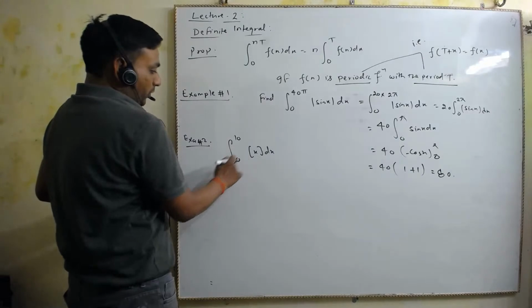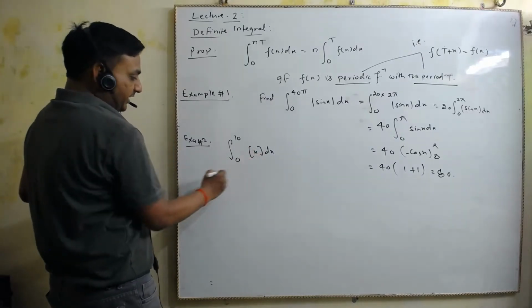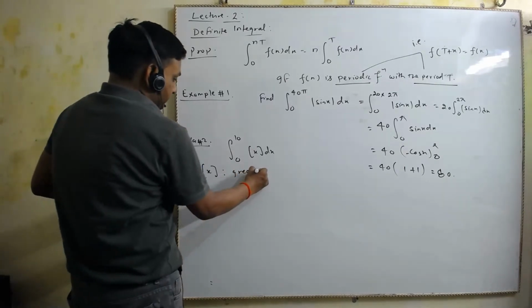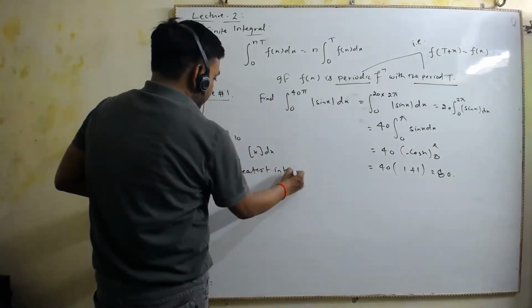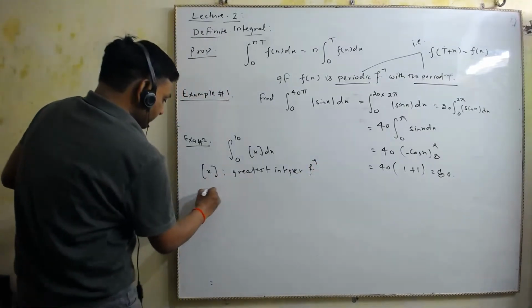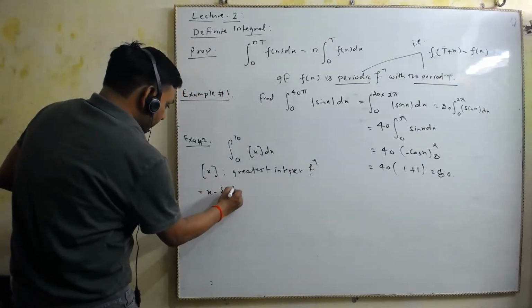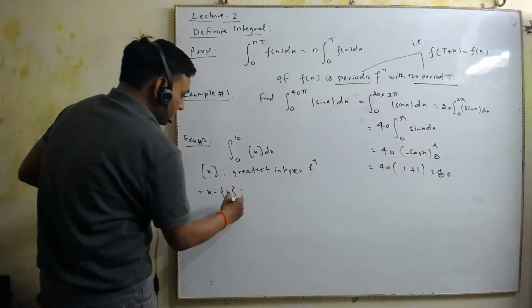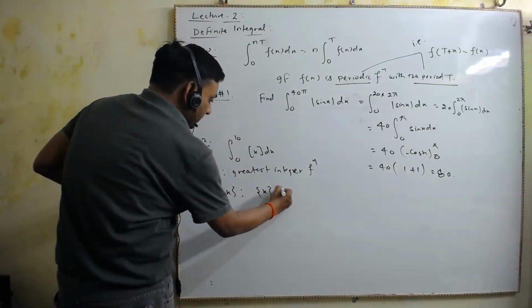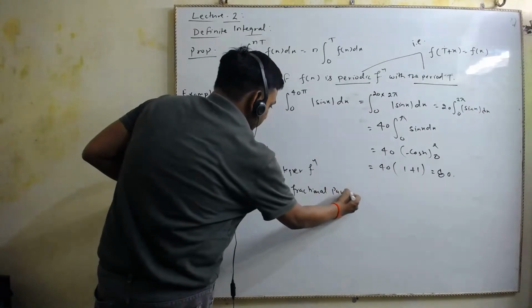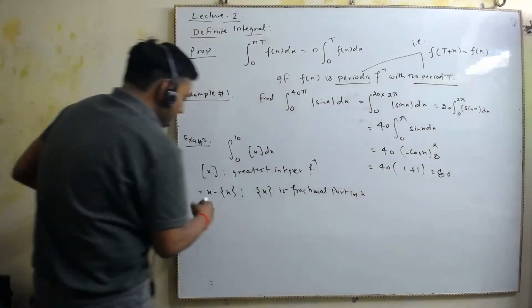So if you want to integrate this, this is the greatest integer function, right? This is written as x minus the fractional part of x.